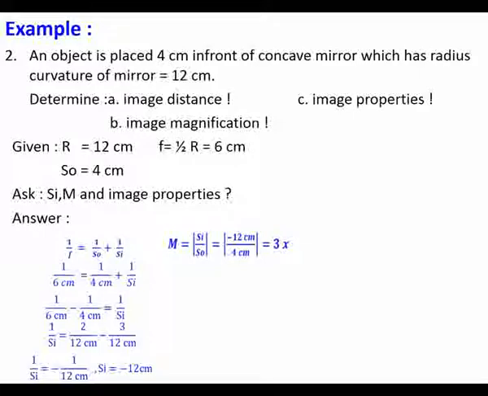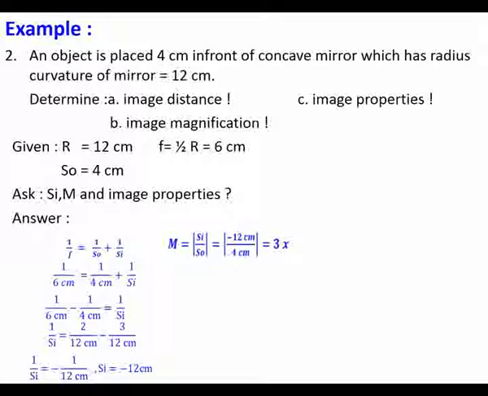For question B, the problem asks for image magnification M, and M equals SI per SO in absolute value. Because of that, M equals minus 12 centimeters per 4 centimeters in absolute value. So the magnification is 3 times.